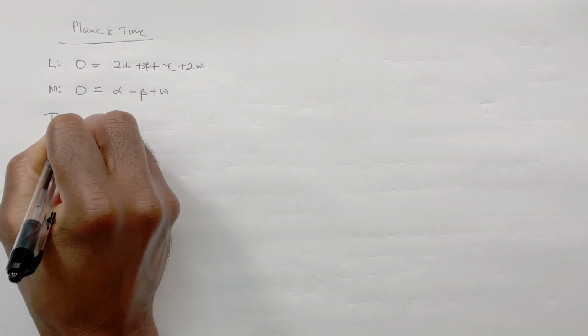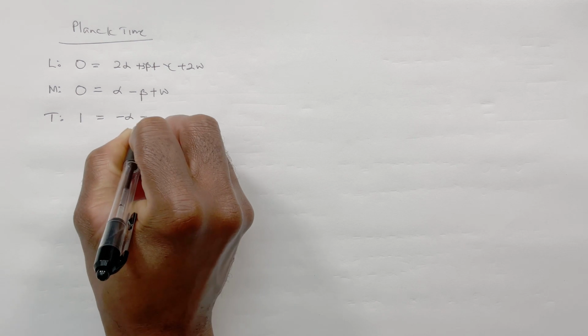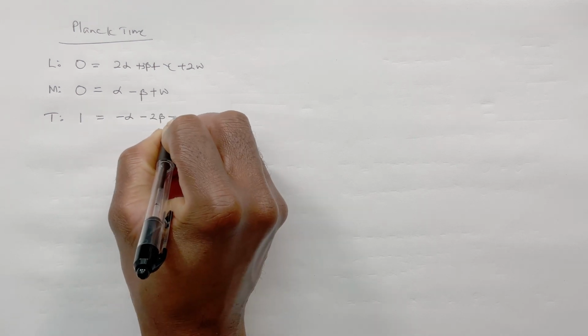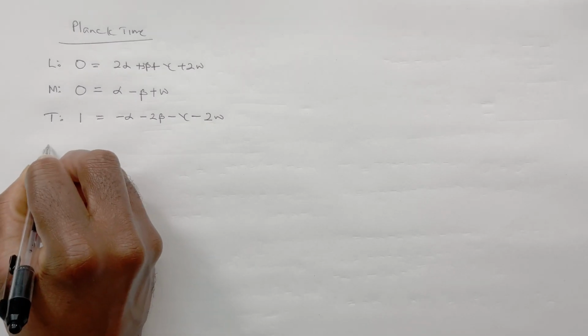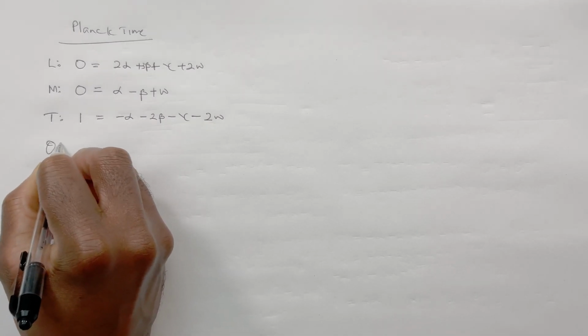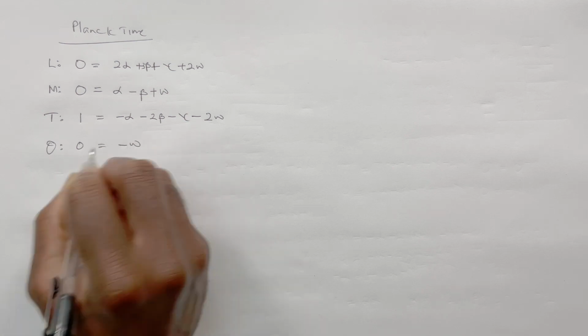For time, that would be 1 equals minus alpha minus 2 beta minus gamma minus 2 omega. And finally, for temperature, that would be 0. Again, that is minus omega.